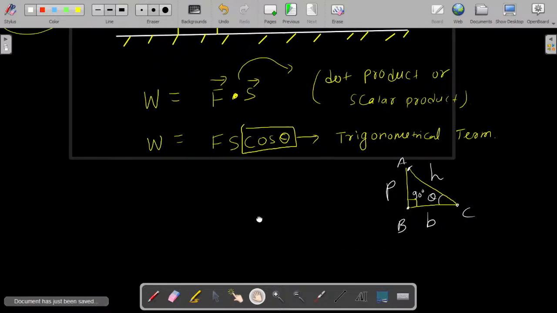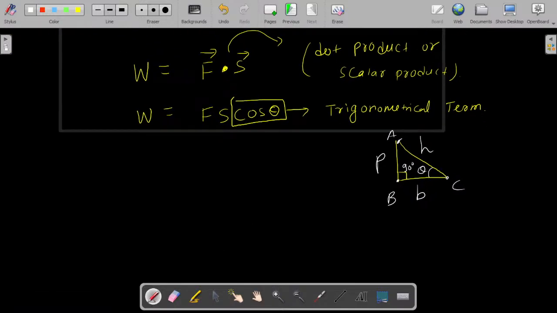Now you know the Pythagoras theorem: H square is equal to P square plus B square. No need to write this, you know it. Now if I find the ratio of base upon hypotenuse, that ratio will give the value of cos theta.